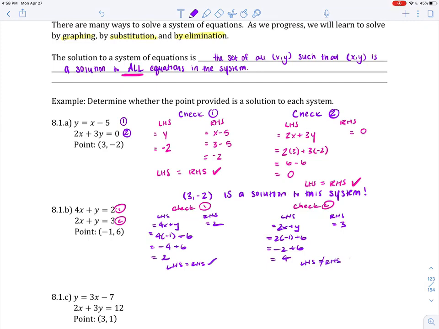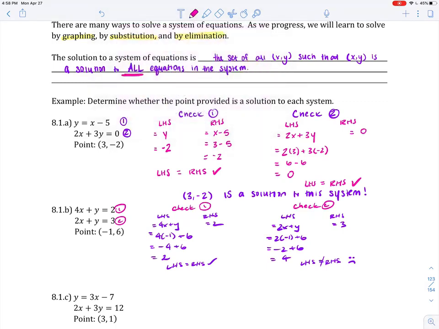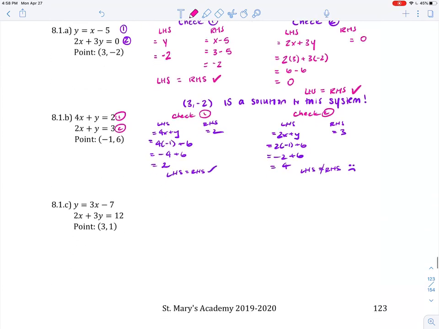Oh no! 4 is not the same thing as 3. My left and right aren't equal. In this case, then, I will have to say that this point is not a solution to the system.